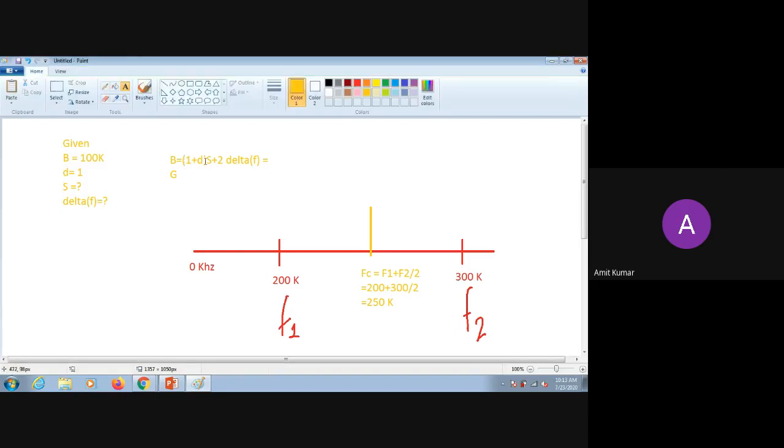Now how can we calculate them? Delta F you can easily calculate. We have two signals, one available here and the other available here.